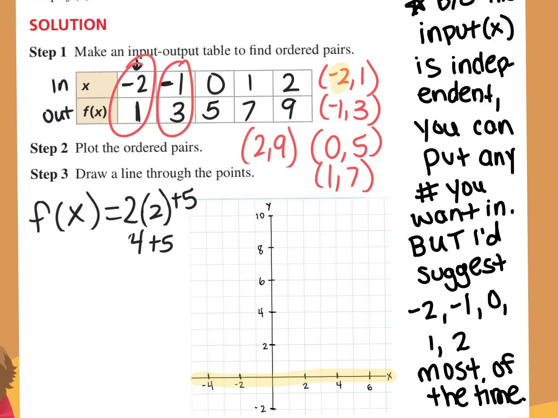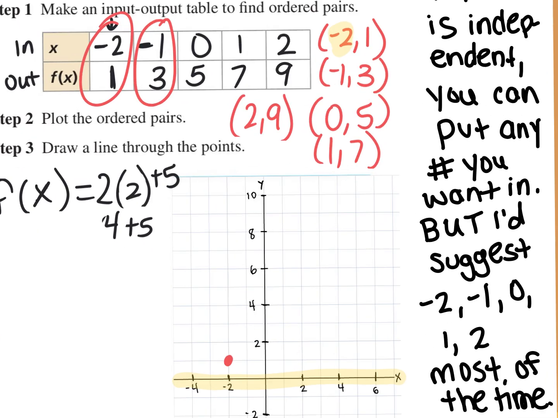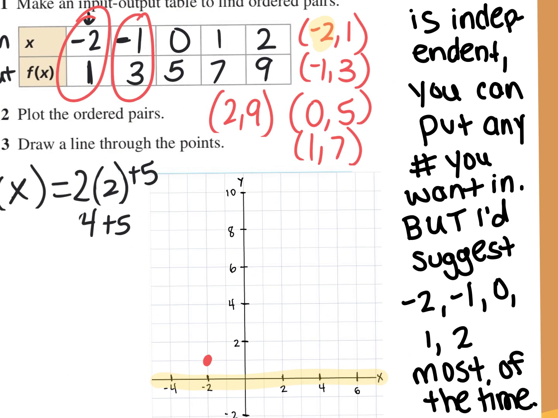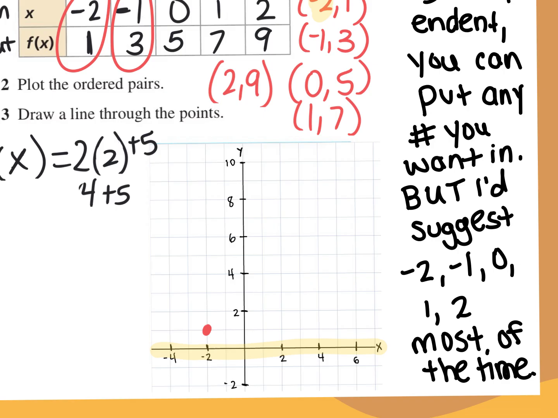So -2, +1 means go over -2 on the x-axis, up 1 on the y-axis, so right there. So -2, 1, right? The next ordered pair is negative 1 comma 3, which is right here. 0 comma 5, 1 comma 7, and 2 comma 9.